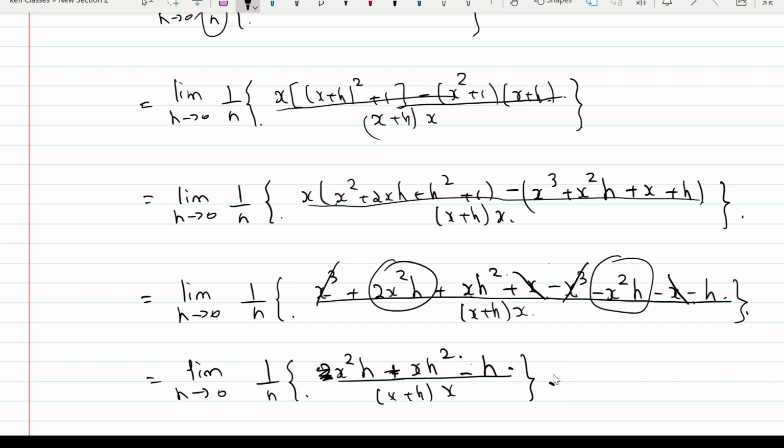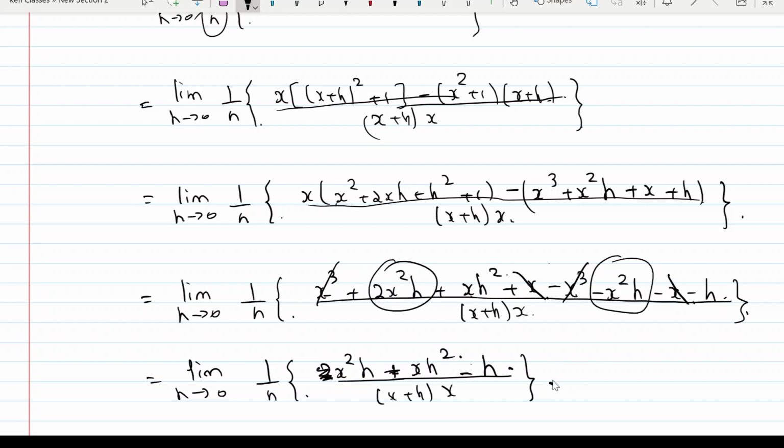Okay, 2x square h minus x square h is x square h plus xh square, plus x minus x cancelled, x cube minus x cube cancelled. So left is only minus h. So I get this answer.